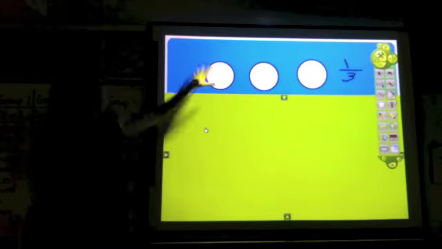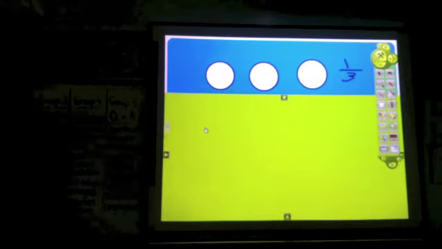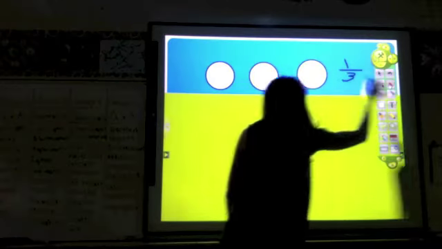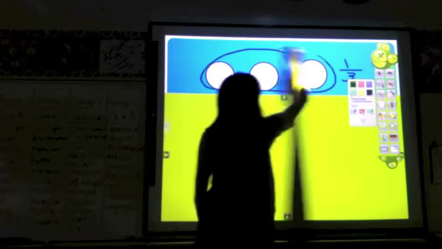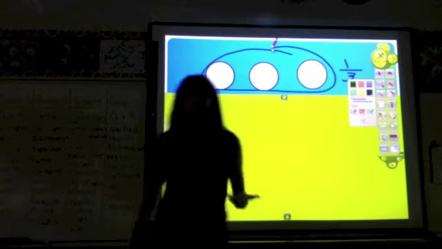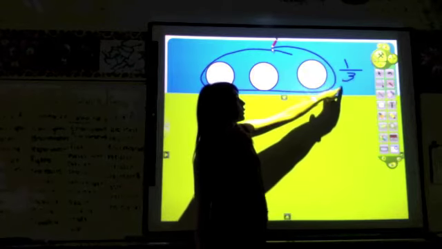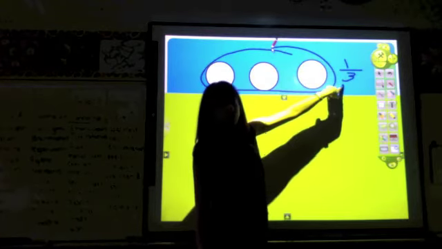Let's say that these 3 counters represent 1/3 of my whole. So what that means is this is 1 out of 3 groups, because we know that 3, or our denominator, represents the number of groups that we're going to have. So I know that this is 1 out of 3 groups, so I'm going to have 3 groups of 3.